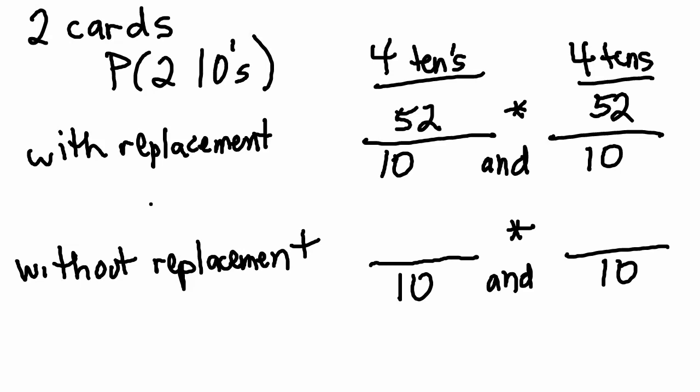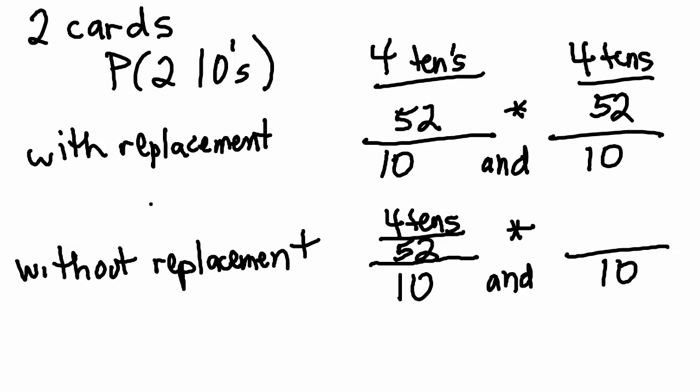But here, if you keep it, like we're going to do in the discussion problem, we're keeping that person out because you're not picking it again. We have 4 ways to get a 10 out of 52 cards. But when you don't put that 10 back in, okay, you got a 10 on that first pick.